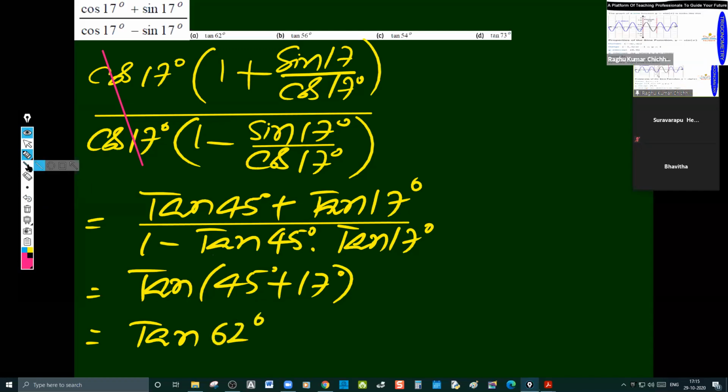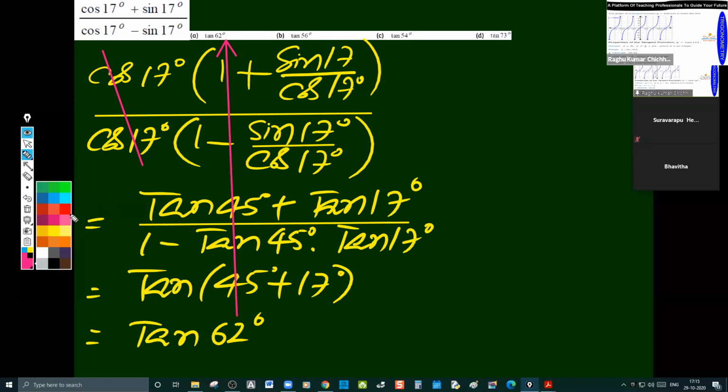So I hope you understand what I'm writing there and what is the standard format that can be taken here. I'm writing the standard result here.